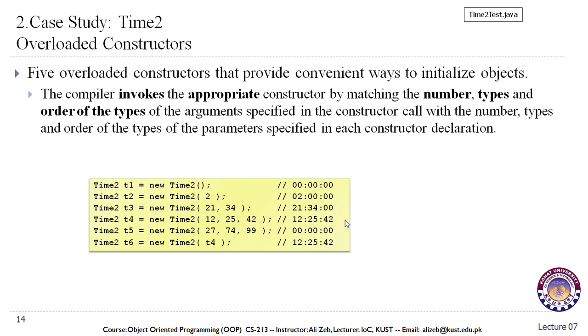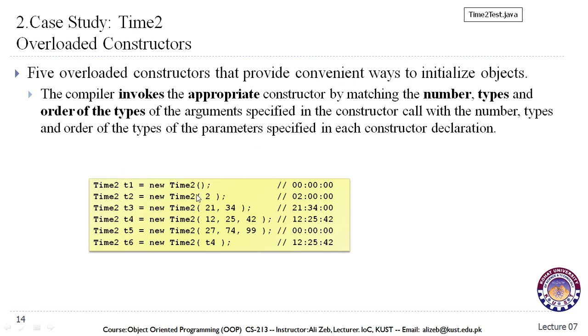So if you compare this with the example in the book, and if we look at these constructor calls, object T1 will be initialized with the constructor that has the default values. That is the empty constructor or maybe the default constructor that is there in the class.